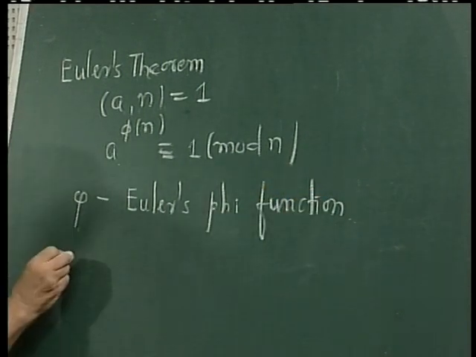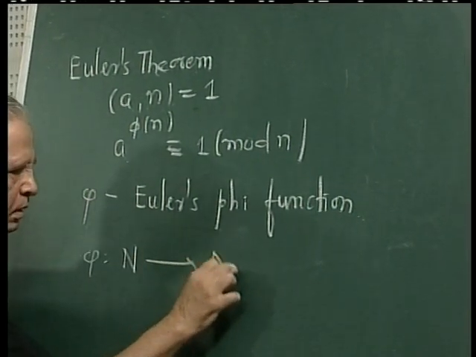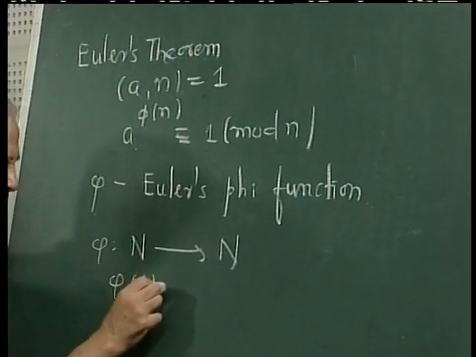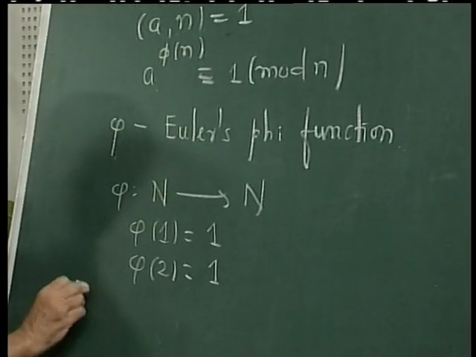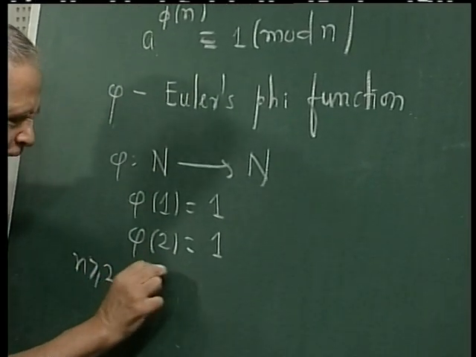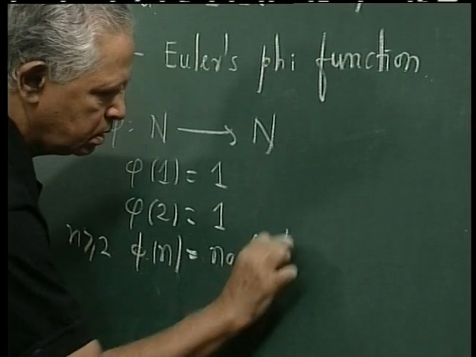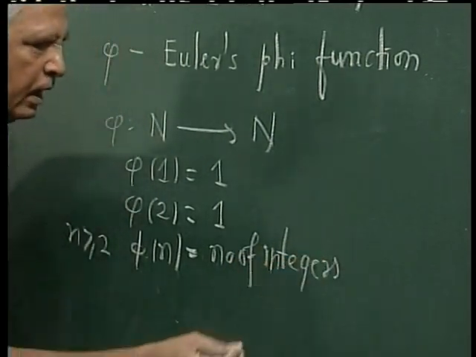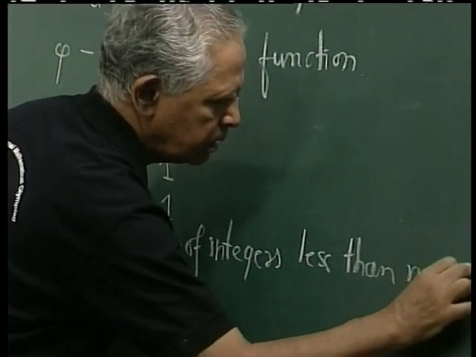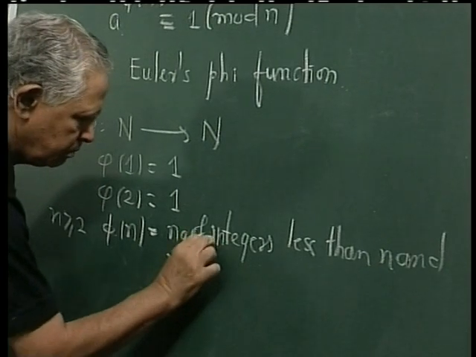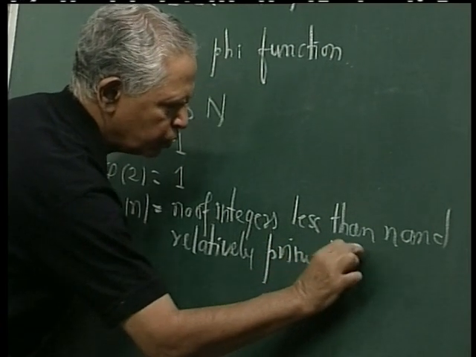and we define it in this way: it is a mapping from N to N. We define this way: phi 1 is equal to 1, phi 2 also is equal to 1, and for n greater than or equal to 2, phi n is equal to the number of integers less than n and relatively prime to n.